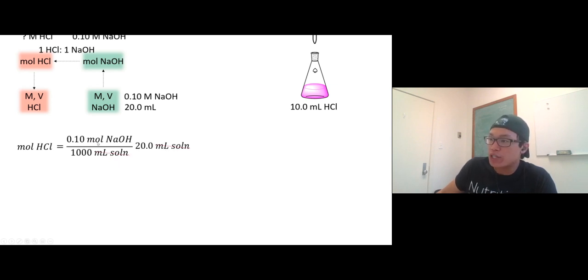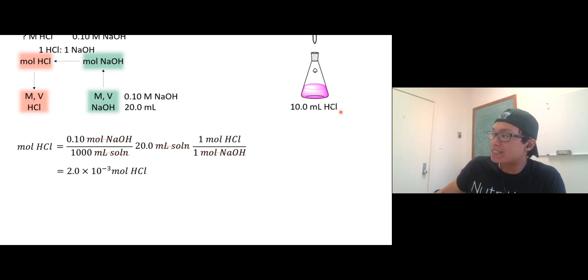Milliliters cancel out, you get moles of sodium hydroxide. Then convert moles of sodium hydroxide to moles of hydrochloric acid. We put moles of sodium hydroxide at the bottom, moles of hydrochloric acid at the top, 1-to-1 ratio. Moles cancel with moles, so you get that amount of moles of hydrochloric acid.